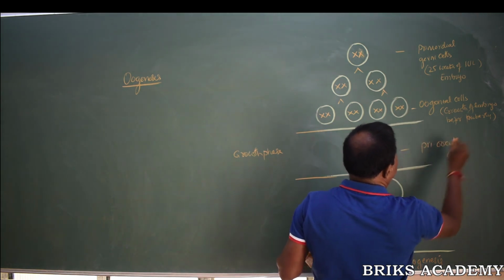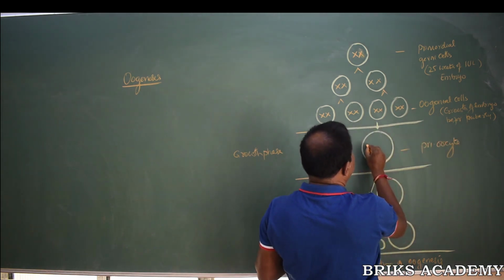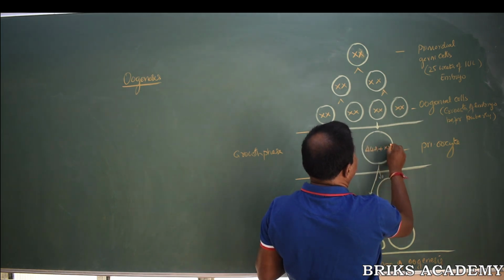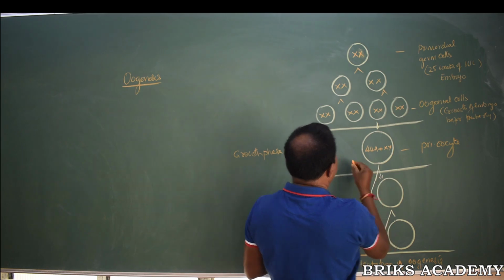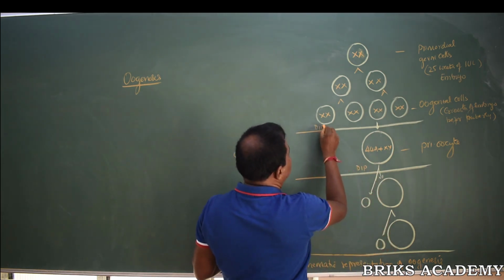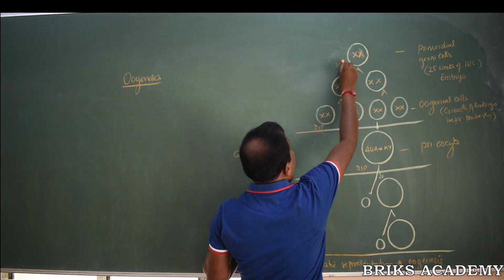The primary oocyte is also diploid in nature with 44 autosomes plus XX.